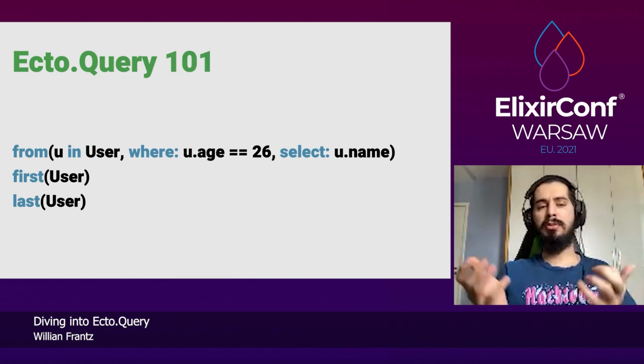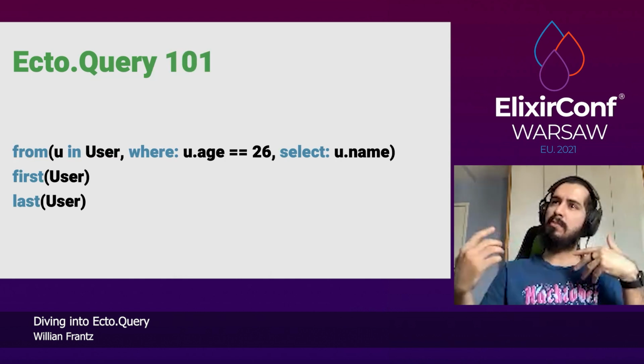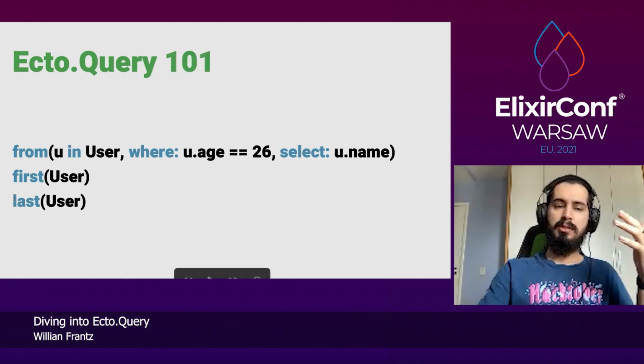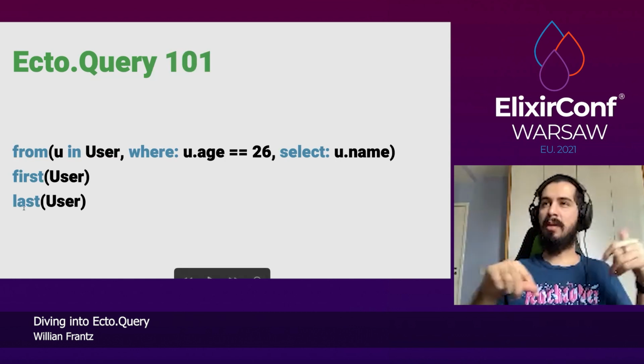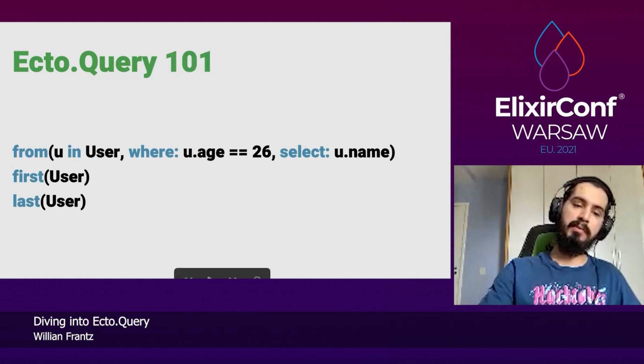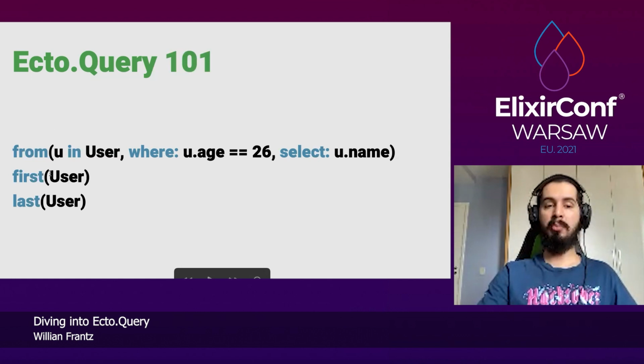It's pretty much going to select everything from users, limit 1, and in this other case over here, it's going to do the same thing, but it's going to order by descending. So that's pretty much what it does. So we have the from, we have first, and we have last. Those are the only functions that we have when we are applying queries using the keyword-based query.